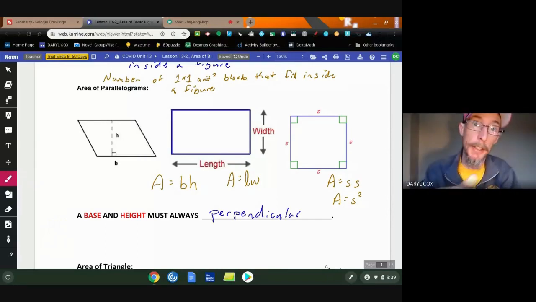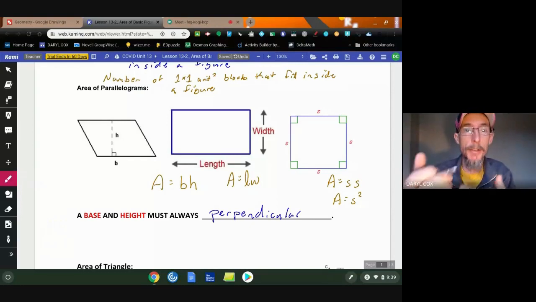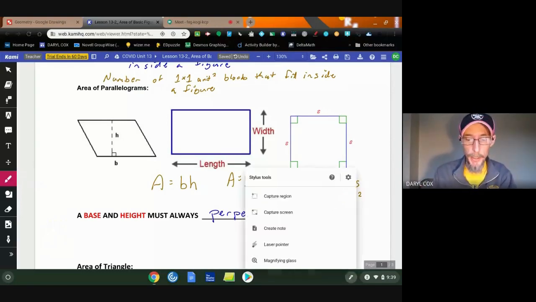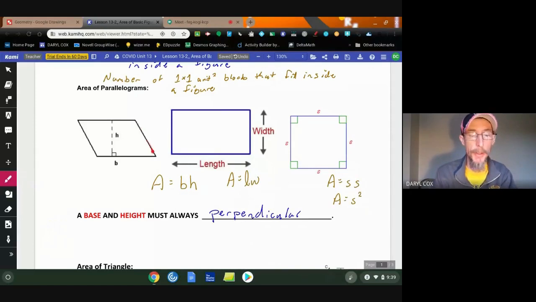We said that in our last lesson. So these are just two dimensions in the figures that must intersect to form right angles. That's important because you never want to say, looking at a figure like this, that there's the height, because that's not forming a right angle. So sometimes you'll see a dotted line in there because it's not actually part of the parallelogram, but it's something that we can measure, okay? So simple stuff like that.